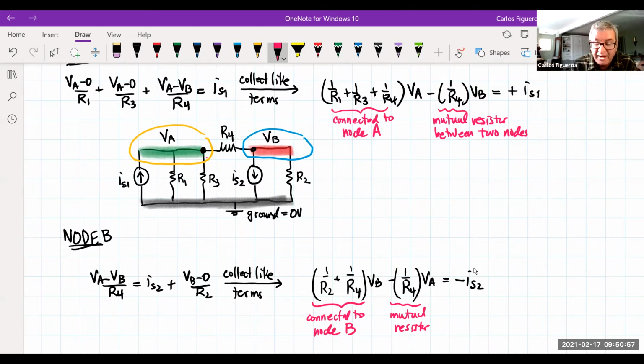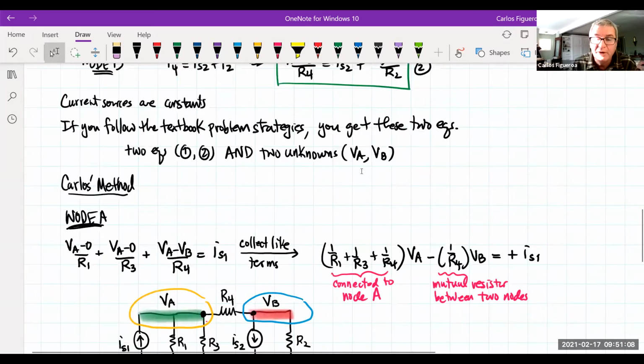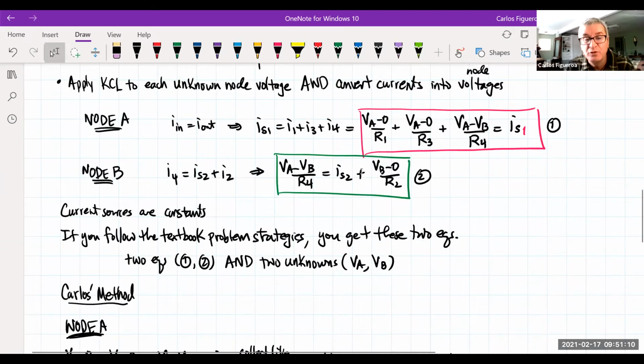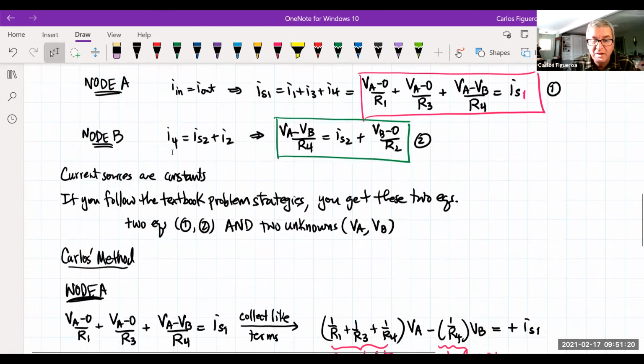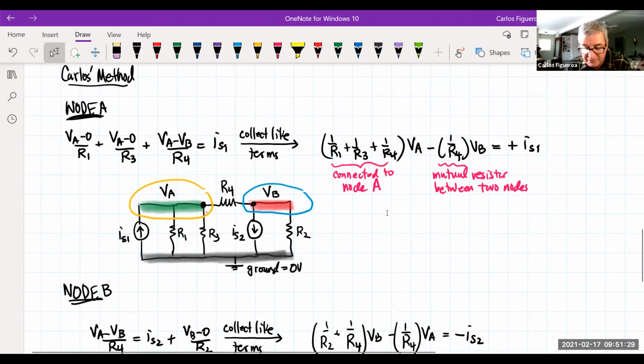So it looks like I could actually come in and not do the Book's method, because the Book's method doesn't put it into proper matrix form. You have to do additional steps to actually do that. But if you recognize the nodes, what resistor is connected to which node, you could get it into proper equation form.